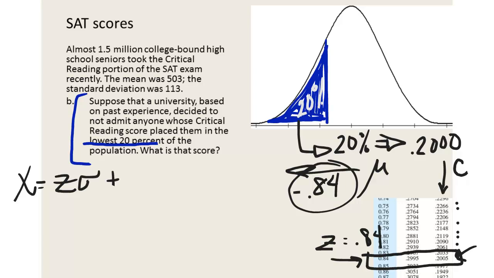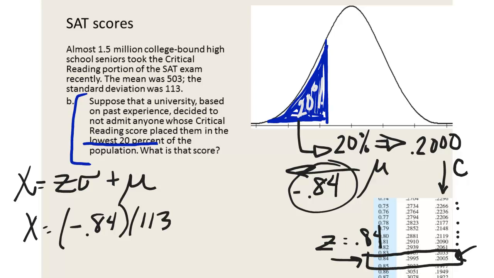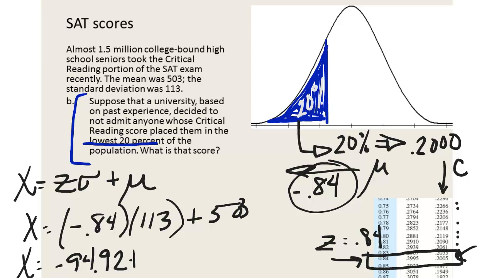And that negative becomes really important because I need my score to reflect that it's lower than the mean. And by having negative 0.84 times the standard deviation, so z times sigma, plus the mu, that first term, z sigma, will be negative, meaning the value for x will be less than the mean. Very, very important. Otherwise, you'll be isolating the top 20% of all scores and not the bottom.